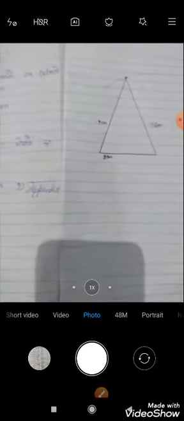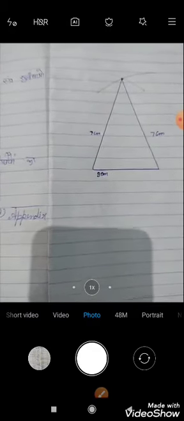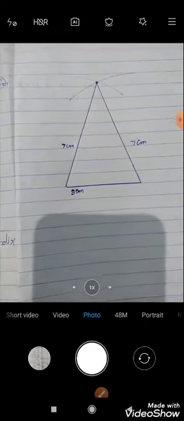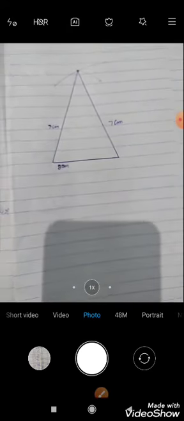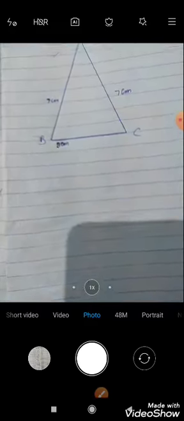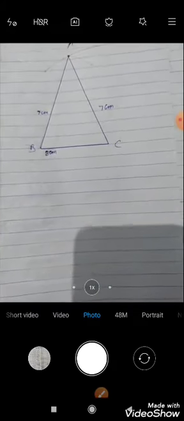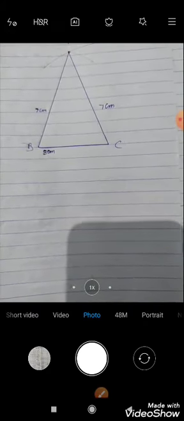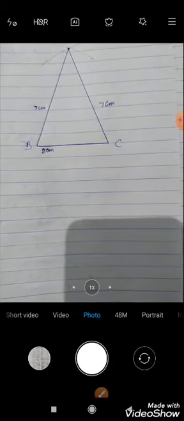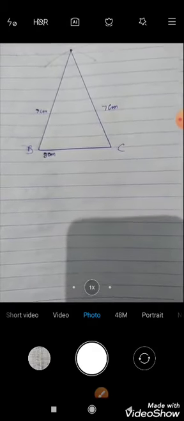Now we are going to construct its median. To construct its median, we simply find the midpoint of the side BC. We can find this midpoint of side BC by the method of perpendicular bisector, or we can simply find it with the help of a ruler.